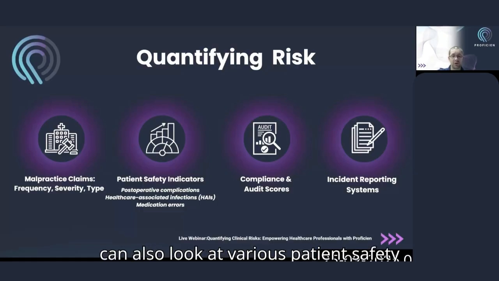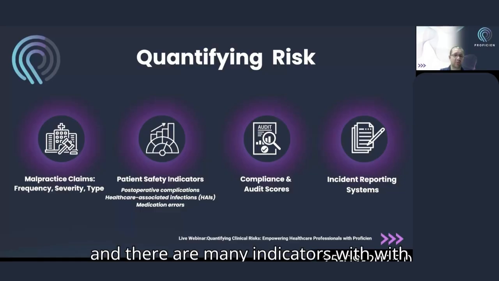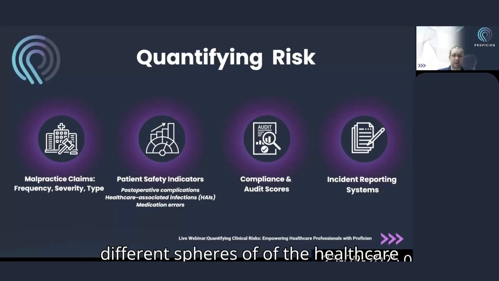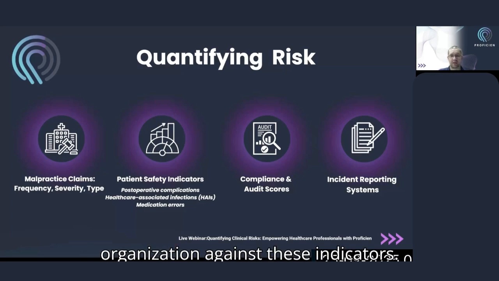We can also look at various patient safety indicators, and these are well researched. There are many indicators with good research behind them in many different spheres of the healthcare system. And so we can see how we are performing in our organization against these indicators.